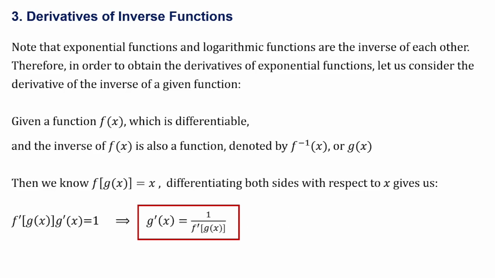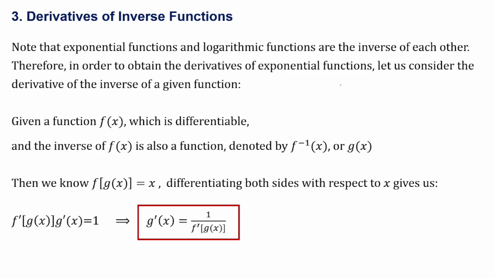So in general, given a function f(x) which is differentiable and the inverse of f(x) is also a function denoted by this symbol here, the inverse of f(x). Or we can use another letter, for example, g(x), to denote the inverse of the function f(x) to facilitate our discussion later, okay? Then we know that f(g(x)) equals x.